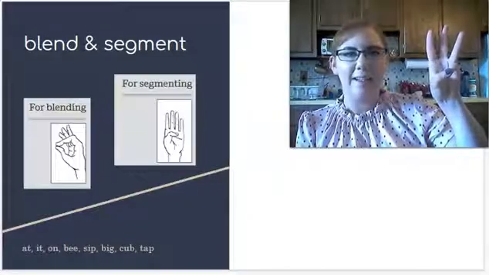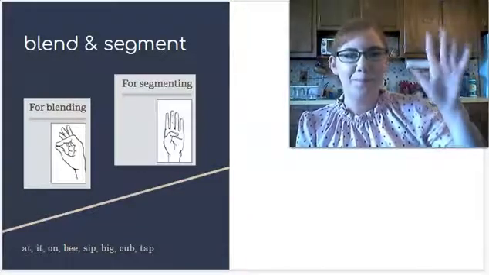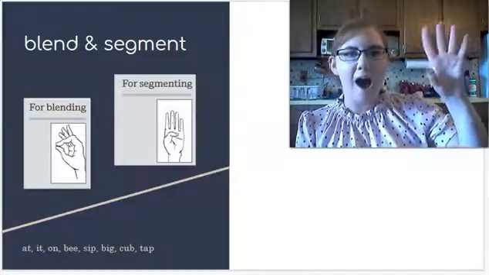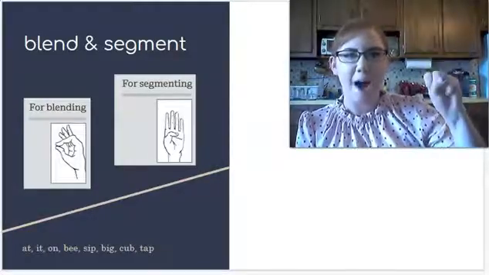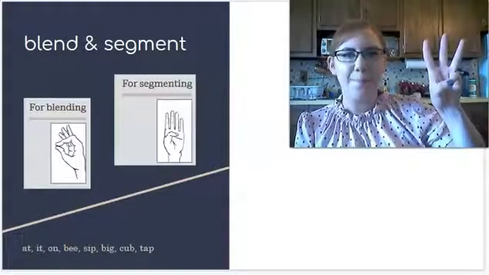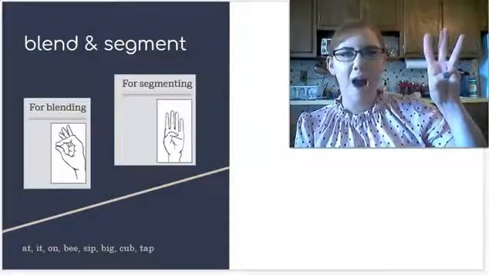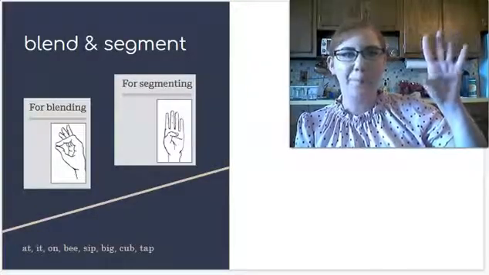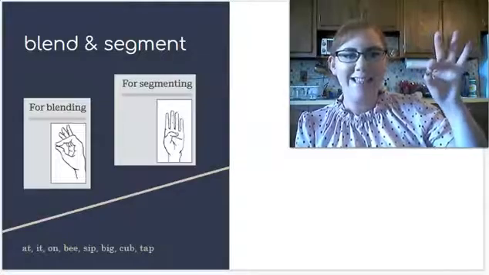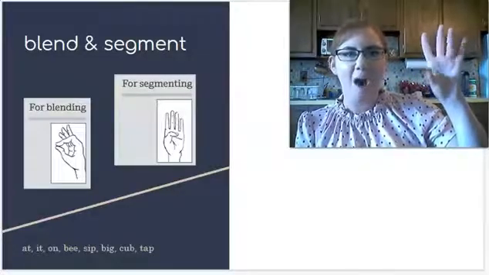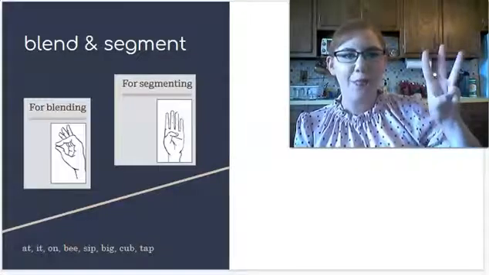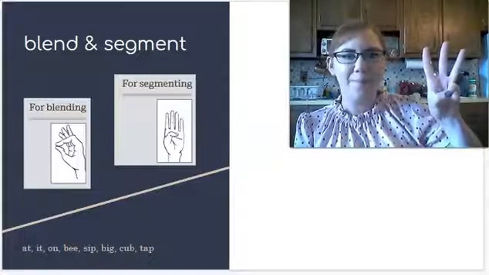Big. 2 more. Cub. 3 fingers for cub. Last one. Tap. 3 fingers for tap.